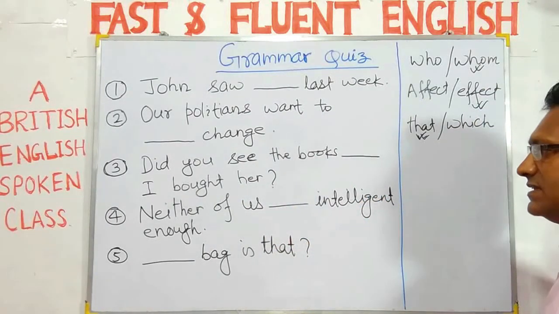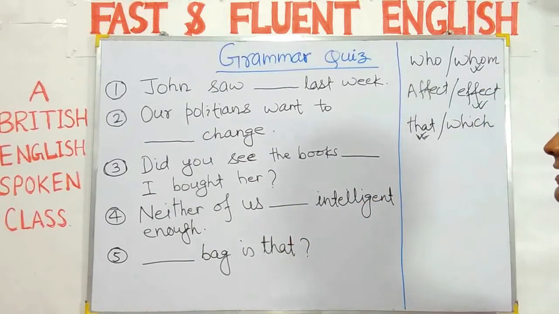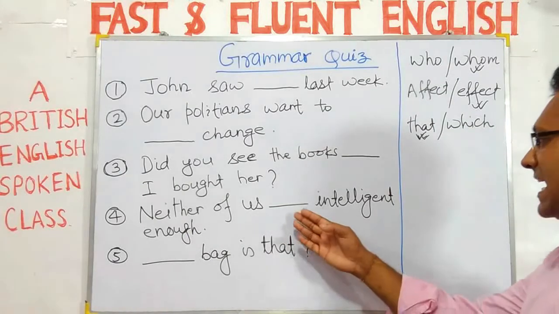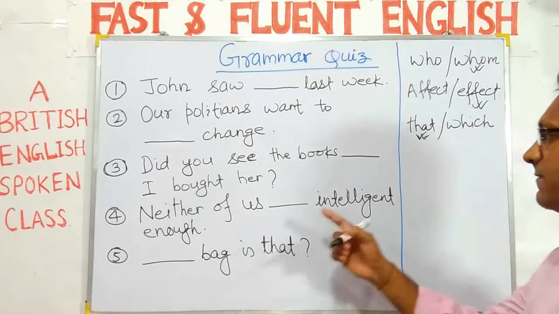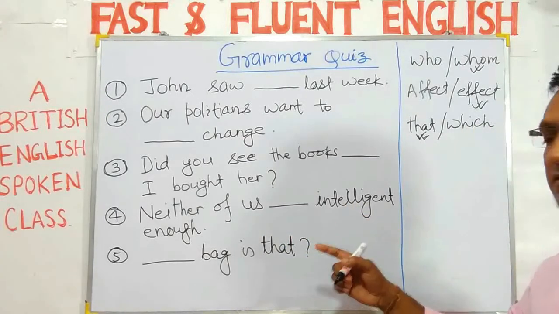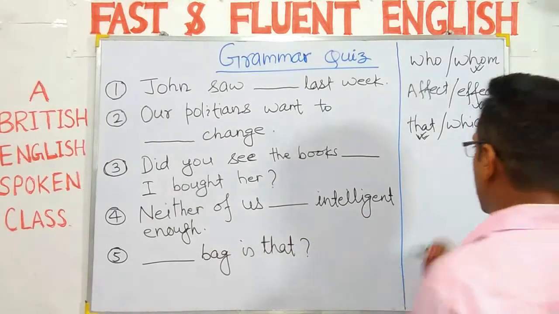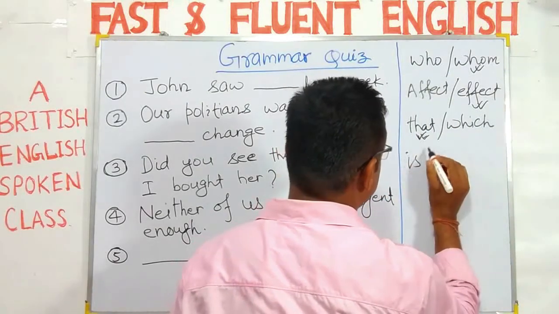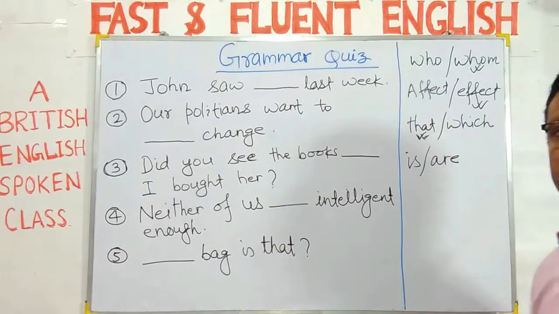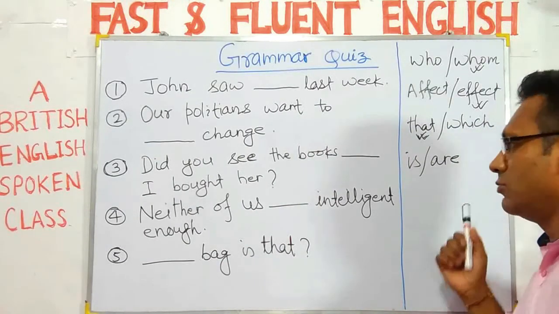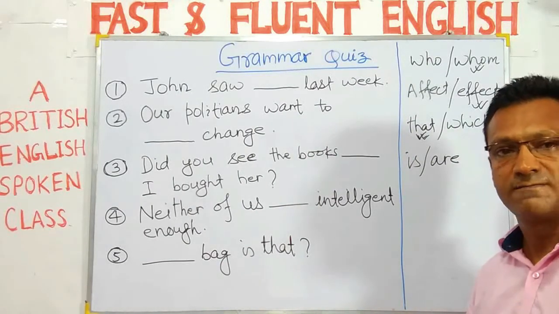Now the next one is, neither of us dash intelligent enough. And the options are is, are. Is होगा या फिर are होगा. Please fill in the blanks.